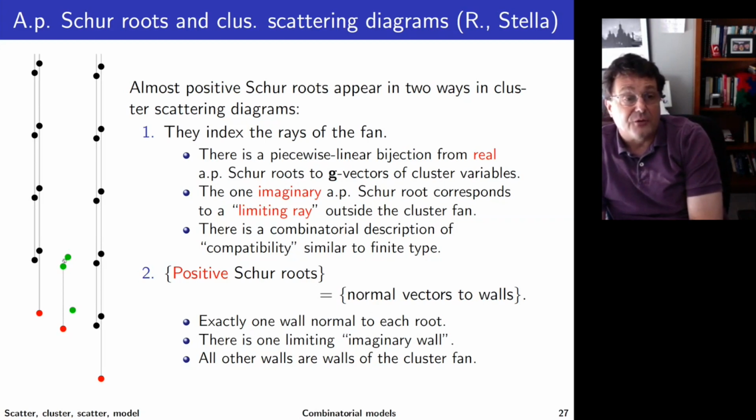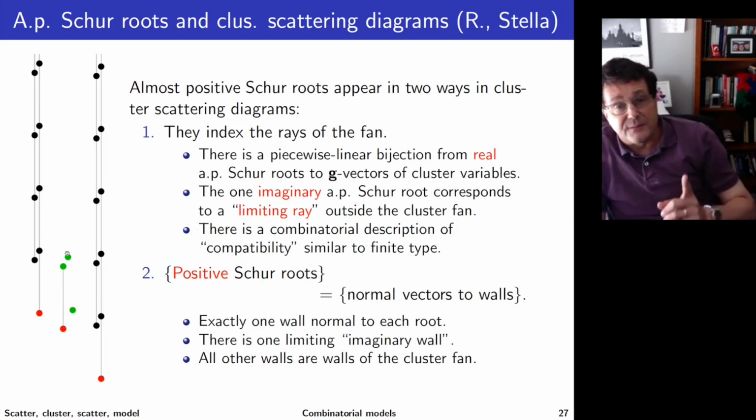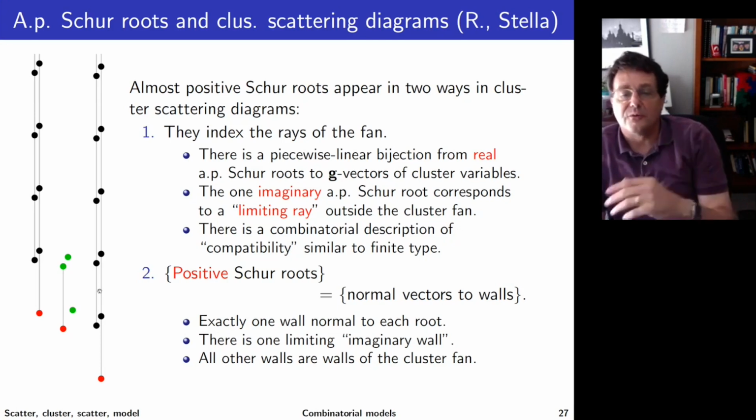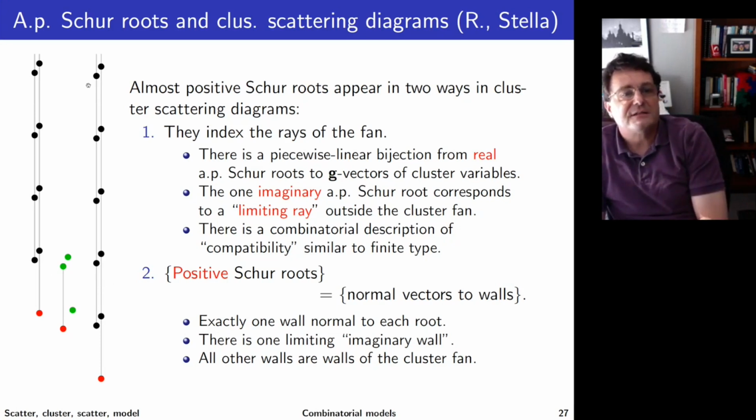This imaginary almost positive Schur root is indexing a limiting ray, like we saw, and we'll see a picture that I'll end with. Also, the positive Schur roots, if we ignore the negative Schur roots and only take the positive Schur roots, those are the normal vectors to walls. So somehow this set of roots is telling us everything about the cluster scattering diagram.